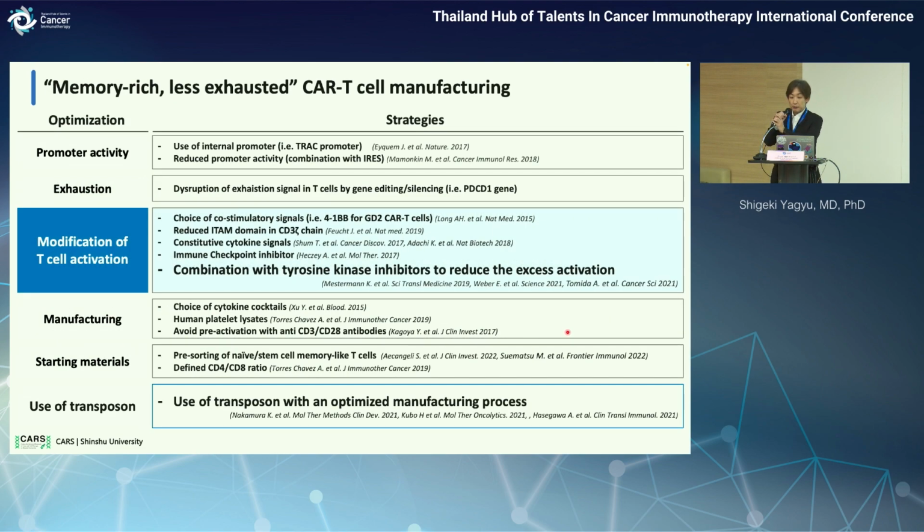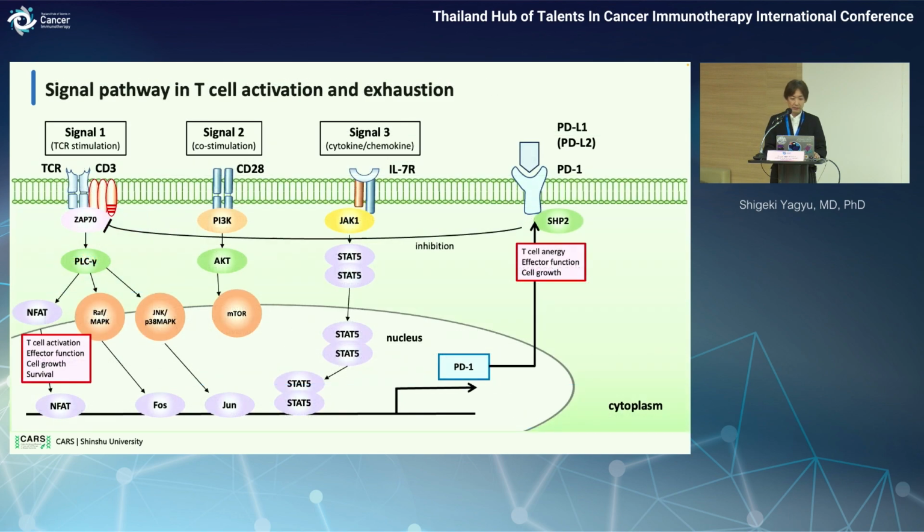Okay, let's move on to another topic: how we can modify the magnitude of T cell activation to maintain their memory and unexhausted phenotype for cancer treatment. As we learned in the morning lecture, the signaling pathway of T cells can be explained in three signals. Signal 1 is the T cell receptor signaling induced by antigen stimulation, and the following phosphorylation of the cytoplasmic region of the CD3 zeta chain.